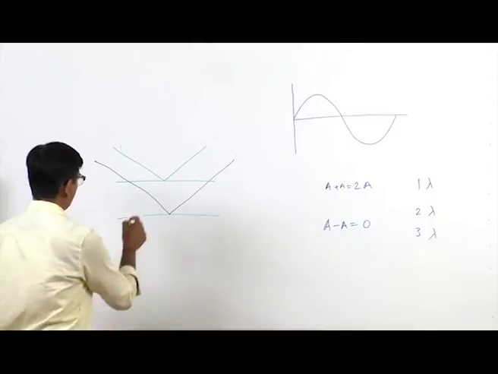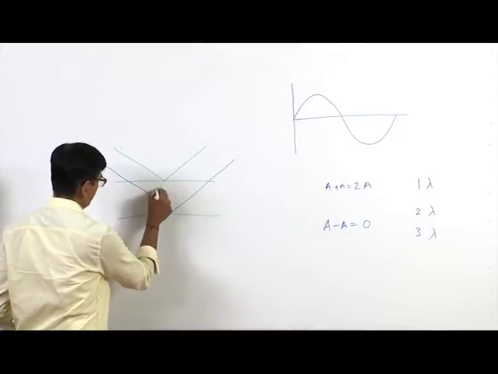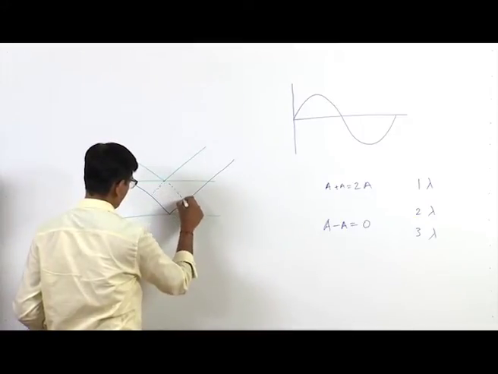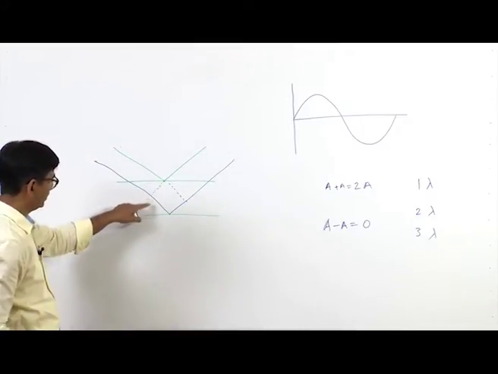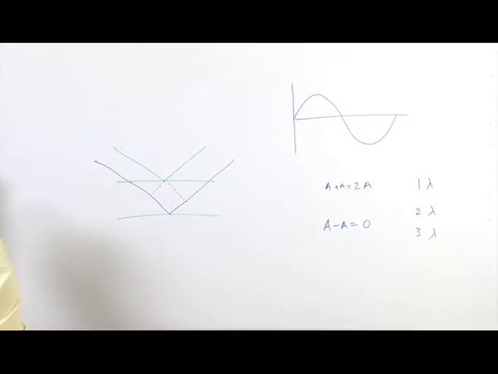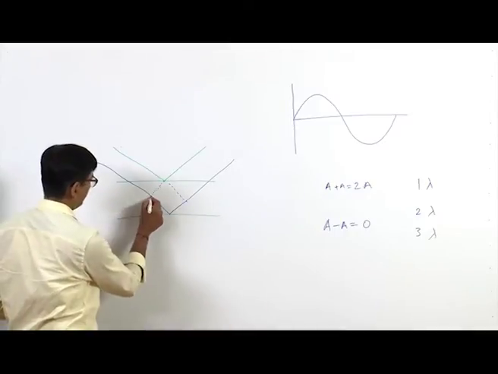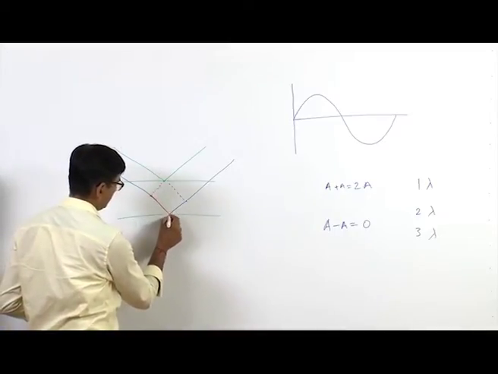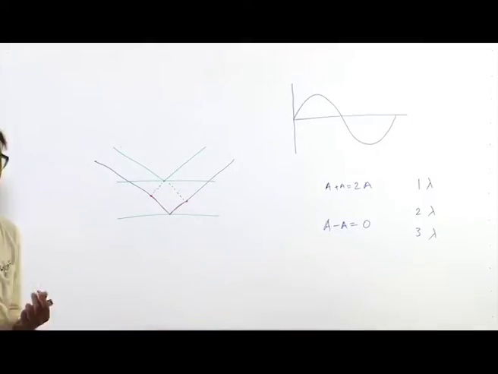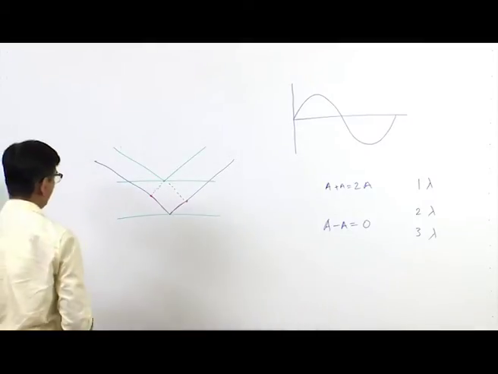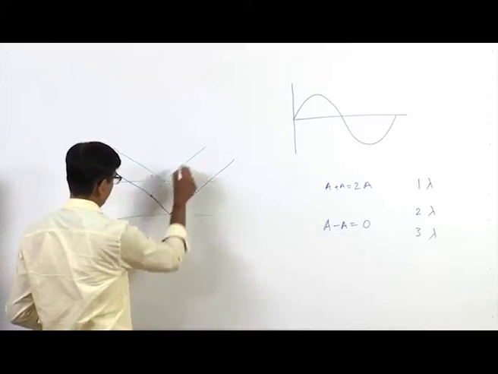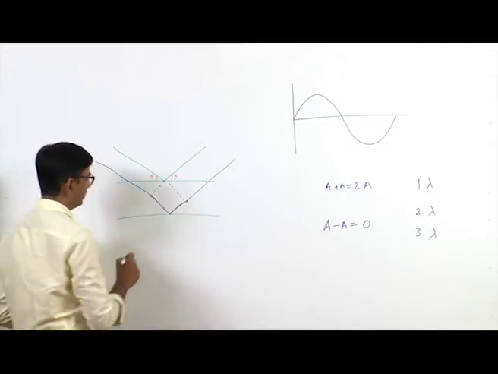We have drawn perpendiculars on this second ray from these points, and we are saying that if this extra distance travelled by the second ray, from here to here, is some integer multiple of lambda, then you will have constructive interference. We know this angle is theta, which is the angle the ray makes with the crystal planes.